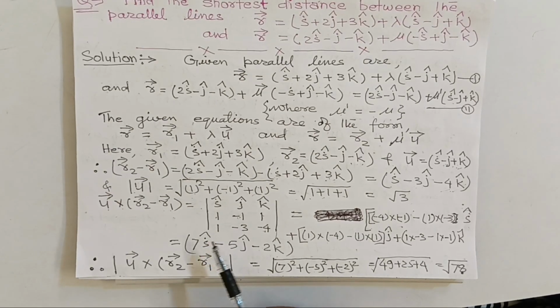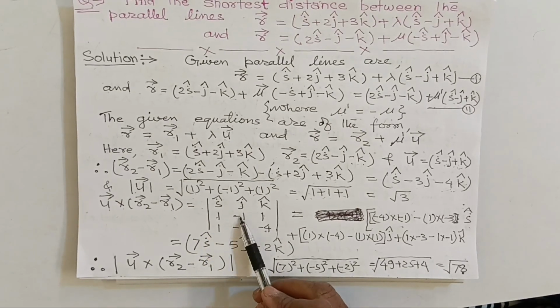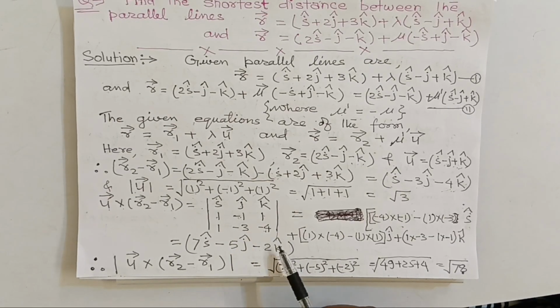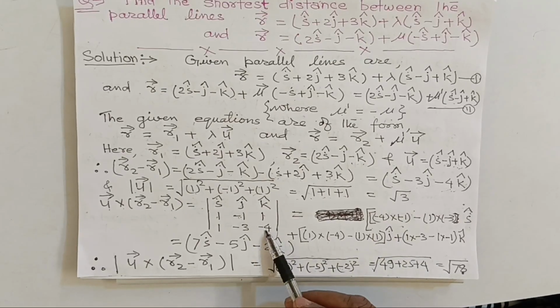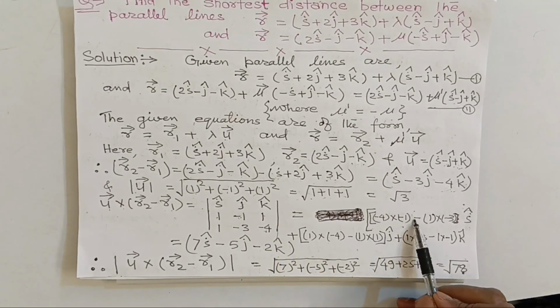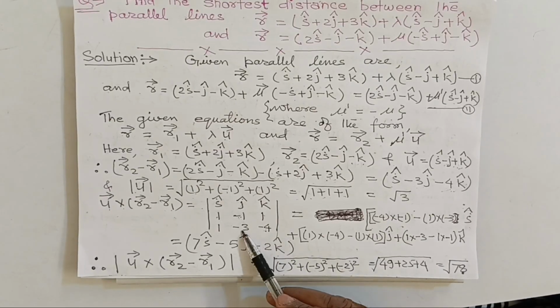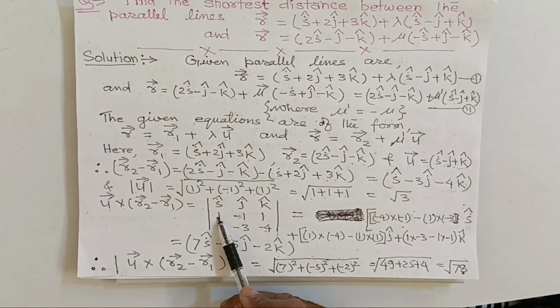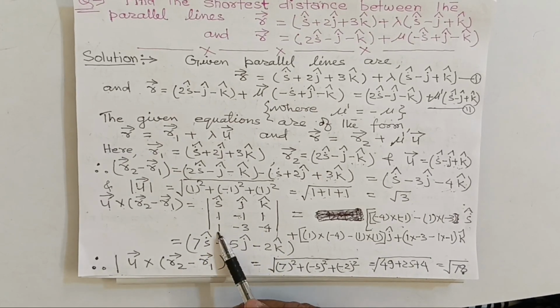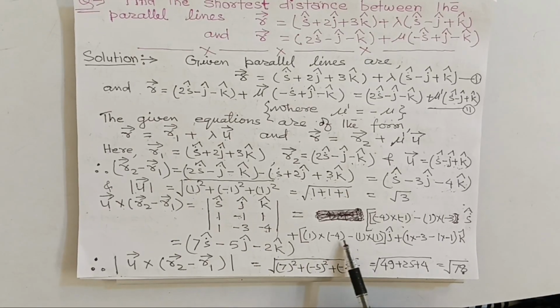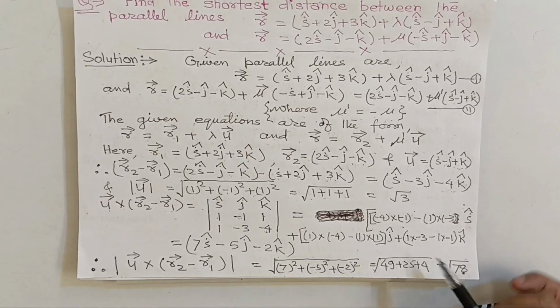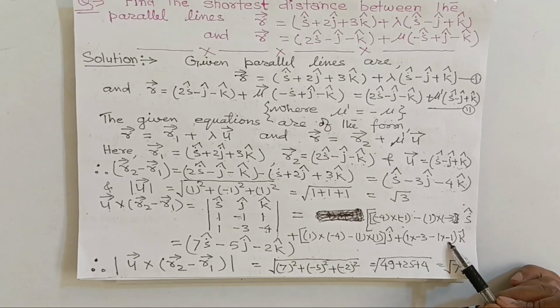Solving it, we get i times (minus 1 into minus 4 minus 3 into 1), minus j times (1 into minus 4 minus 1 into 1), plus k times (1 into minus 3 minus minus 1 into 1).